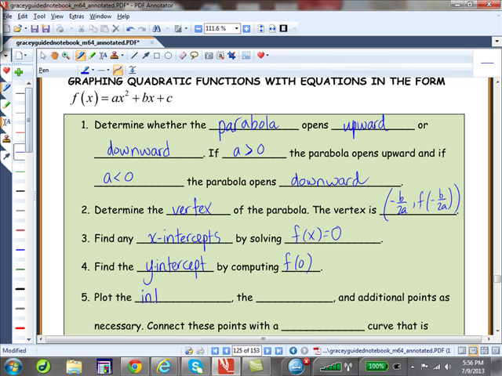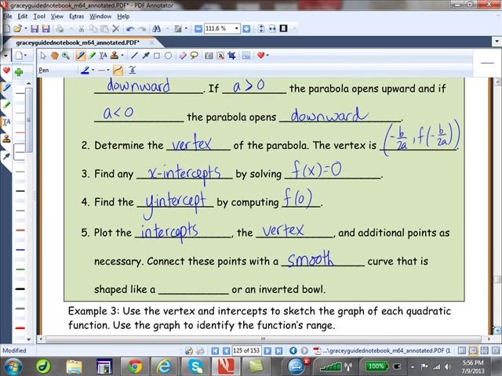And then plot the intercepts, the vertex, and additional points as necessary. Connect the points with a smooth curve that is shaped like a bowl or an inverted bowl.